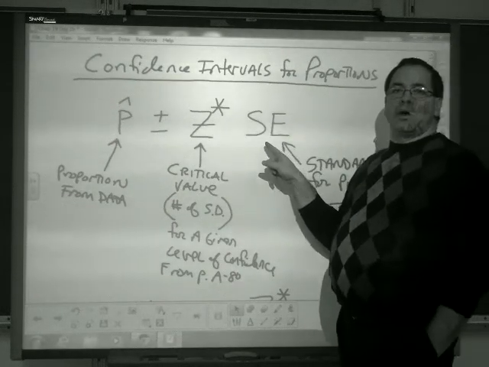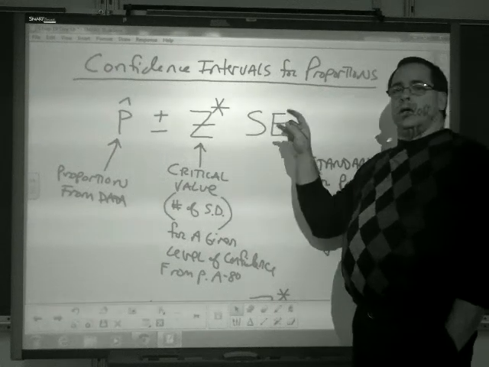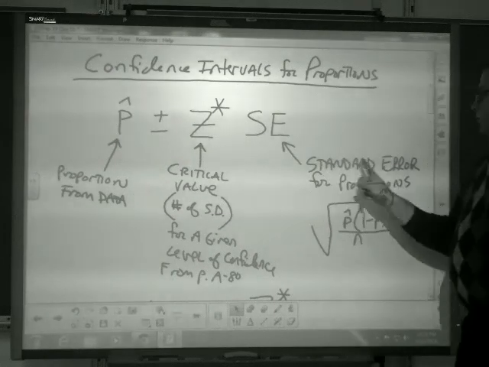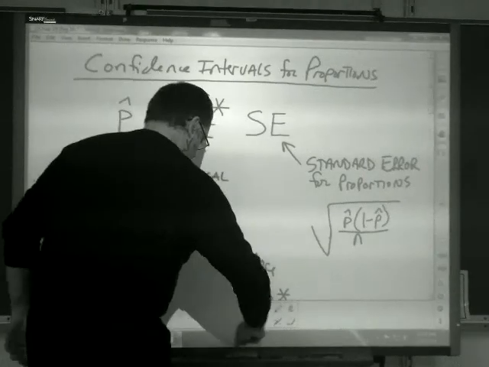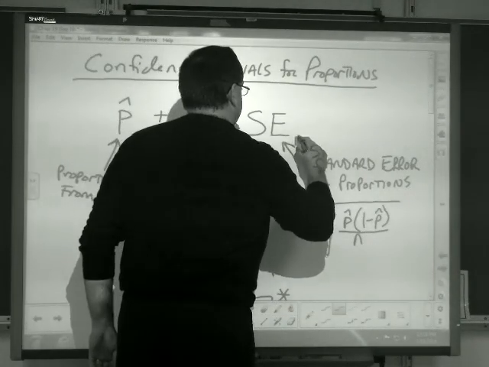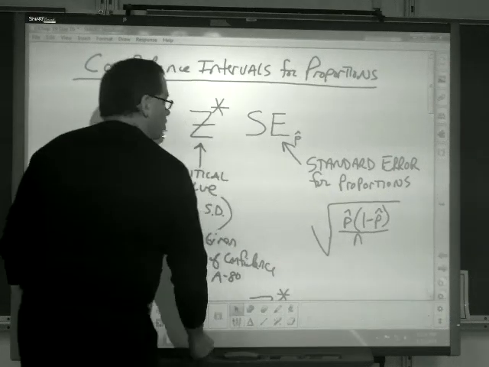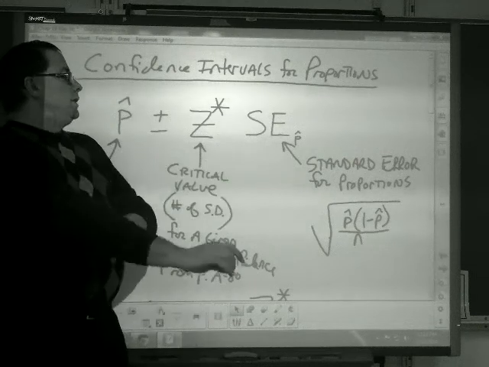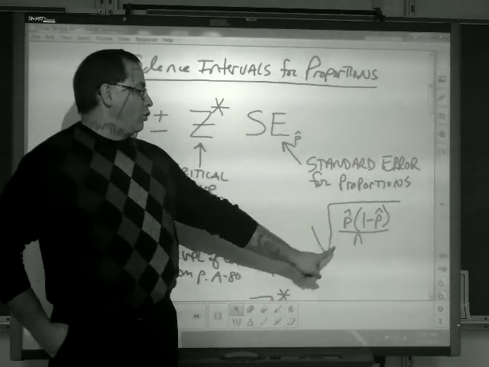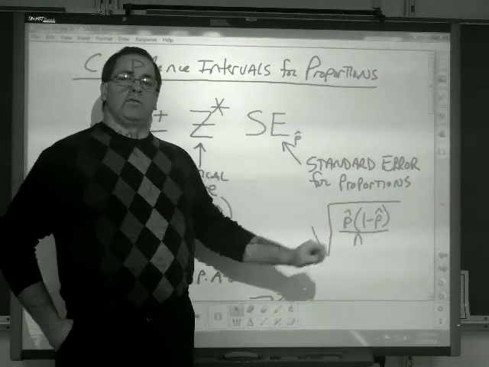And in class, we talked about a vocabulary change. We're going to use SE, meaning the standard error. For the standard error, we used a little p hat here, because we're talking about proportions for this problem. So the standard error of p hat, again, is this formula: the square root of p times 1 minus p over n.